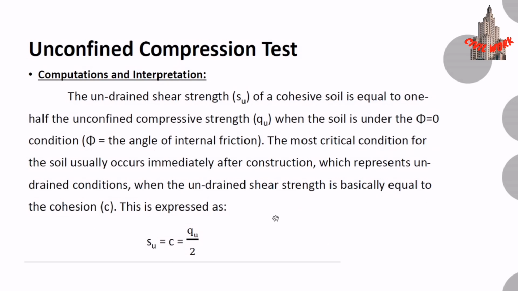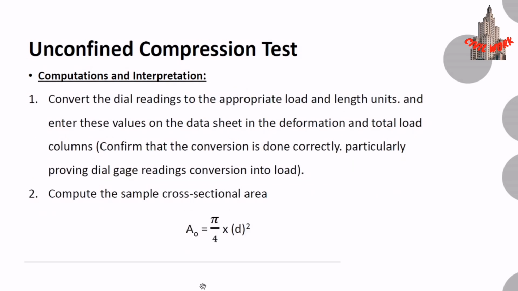Here is our mathematical formula, where C is the cohesion and QU is the unconfined compressive strength divided by 2, and SU is the undrained shear strength. First step, when we have to compile the results of an experiment, is to convert the dial readings to appropriate load and length units and enter these values on the data sheet in the deformation and total load columns.